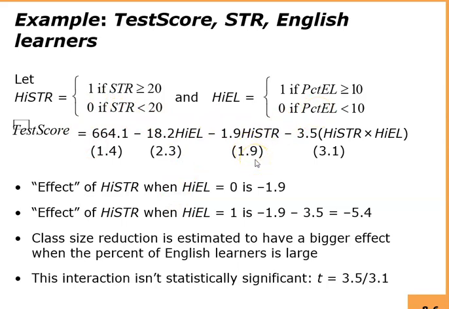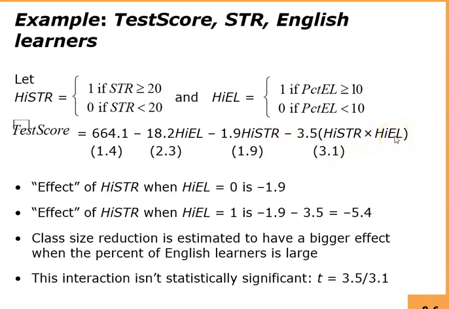So what will be the mean for the group which has low student-teacher ratio but high percentage of English learners? In this scenario, you will have to substitute 0 in place of high STR while substituting 1 in place of high EL.